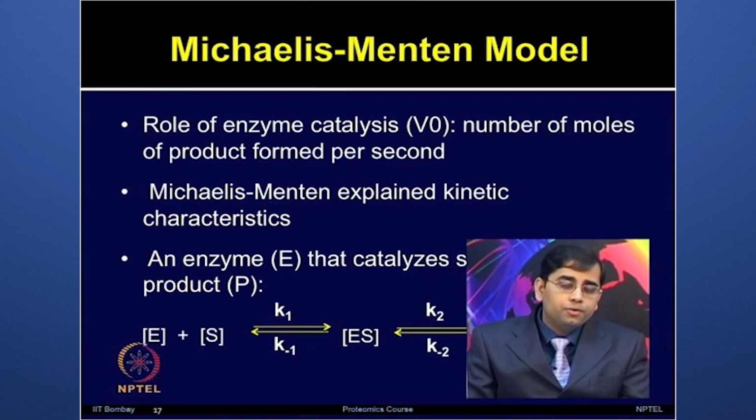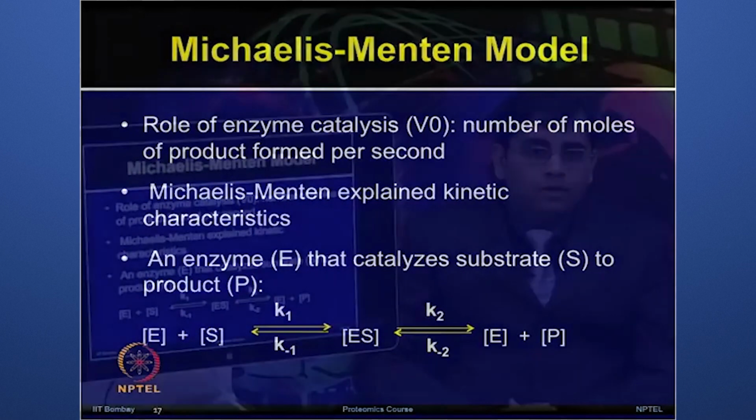V0 is the number of moles of product formed per second. It varies with substrate concentration, S. It increases linearly as the substrate concentration increases, and levels off at a maximal velocity at higher substrate concentration.